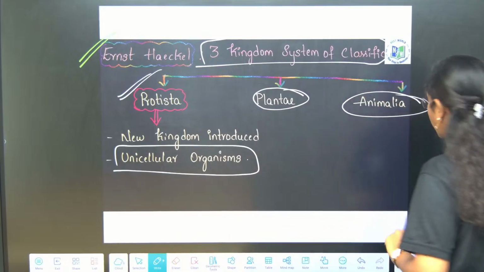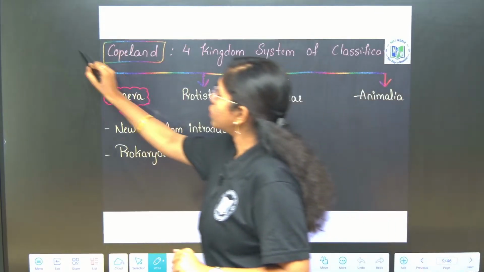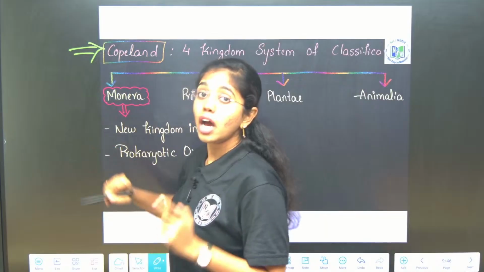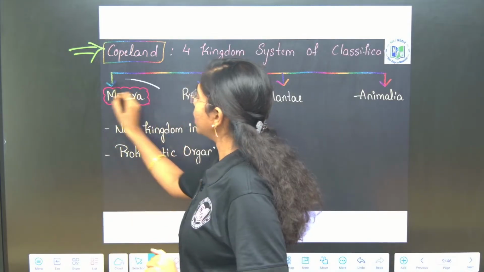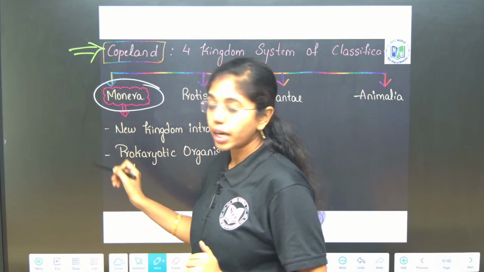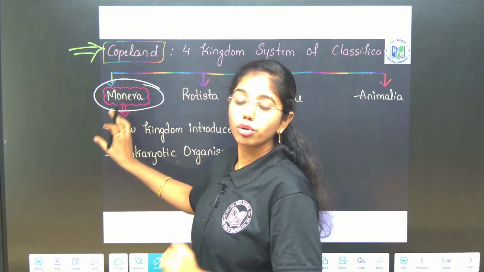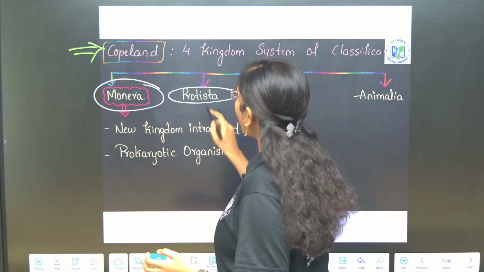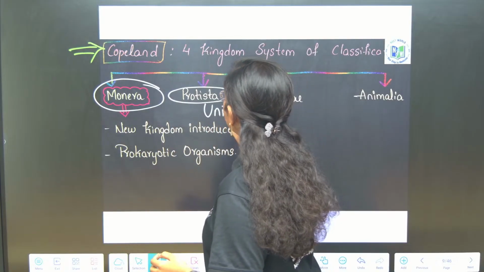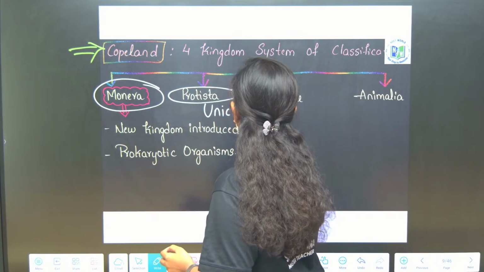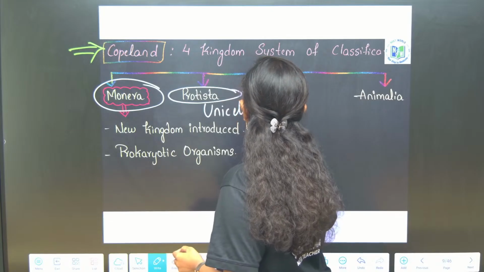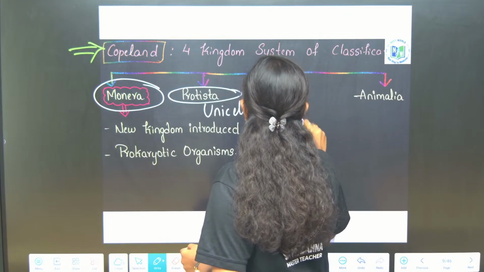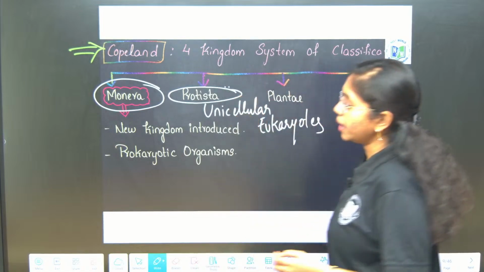Next, in the four kingdom system of classification, which was proposed by Copeland, the new kingdom introduced is kingdom Monera. Here, all the unicellular prokaryotic organisms were placed in Monera, and unicellular eukaryotic organisms are placed in the kingdom Protista.